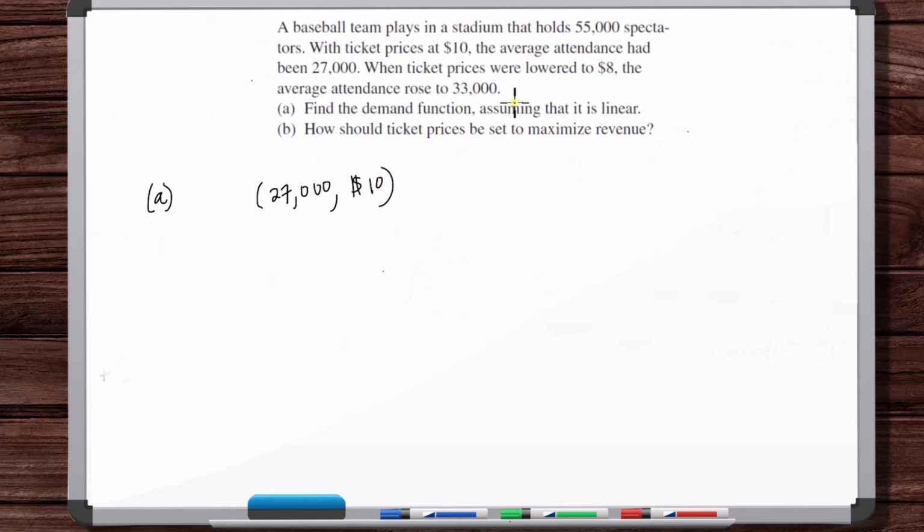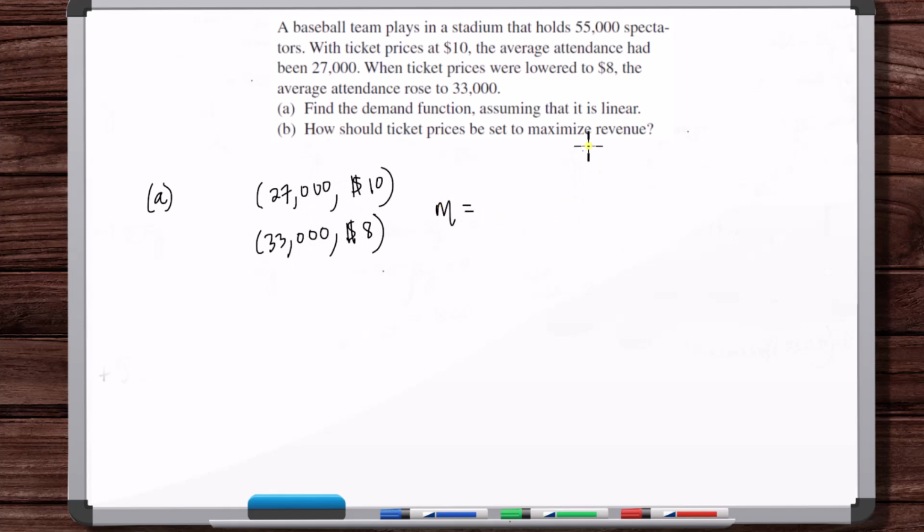Now, what else do we have? Well, it says when the ticket prices were lowered to $8, the average attendance rose to 33,000. So we have another point. Okay, so we've got 2 points, and we're assuming that this function is linear. So let's get the equation of a line that goes through these 2 points.